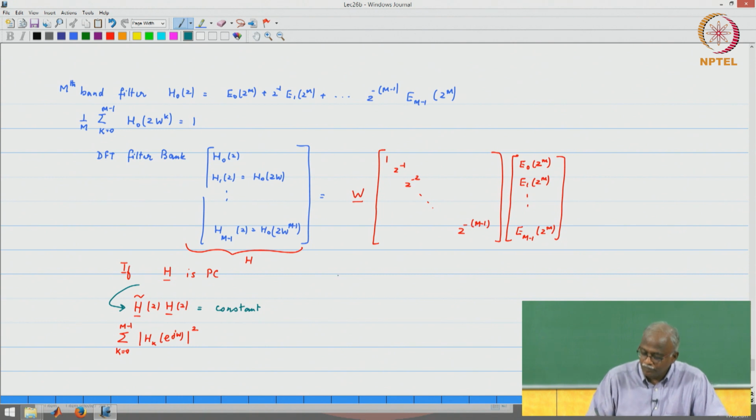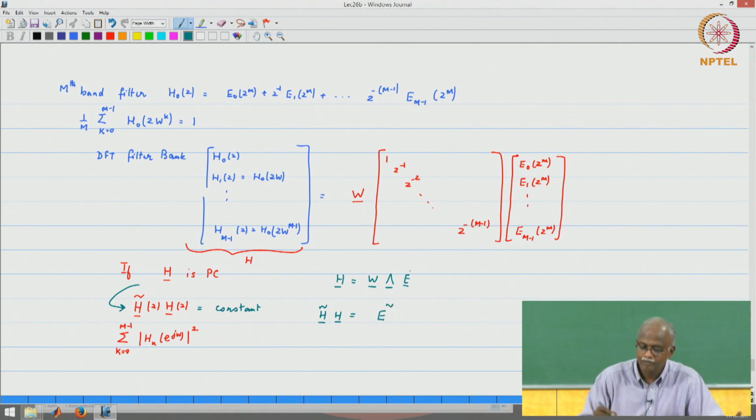If you substitute the fact that H can be written as W times delta, which is the diagonal of powers of z, times the vector E, then H tilde times H, I am just dropping the z's for now, can be written as E tilde, delta tilde, W tilde, but W is only a constant matrix.